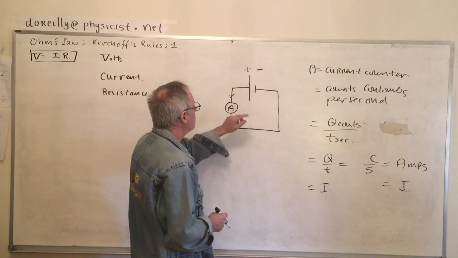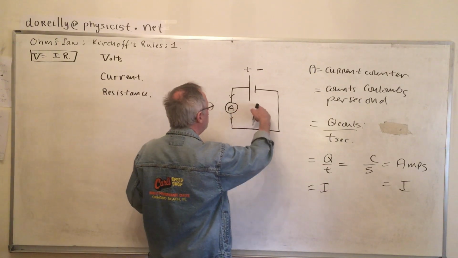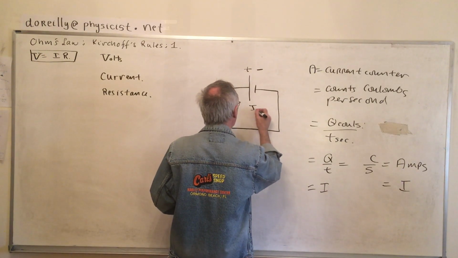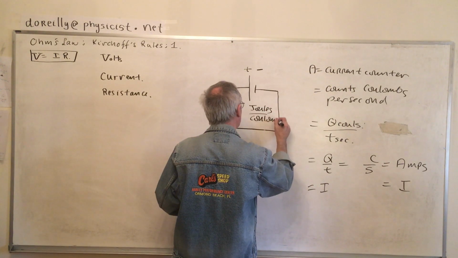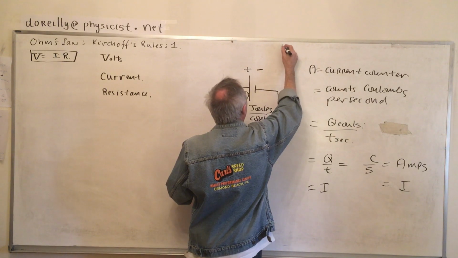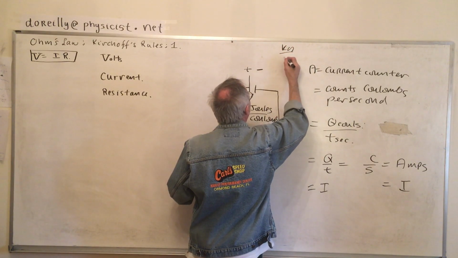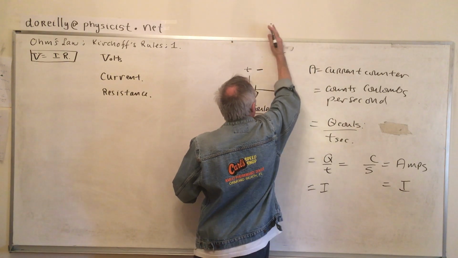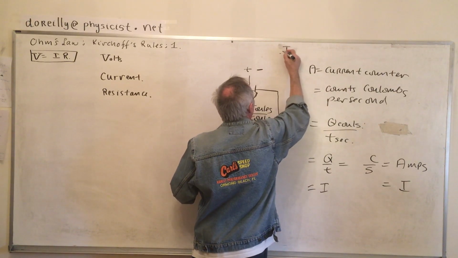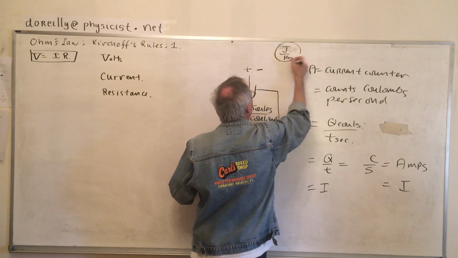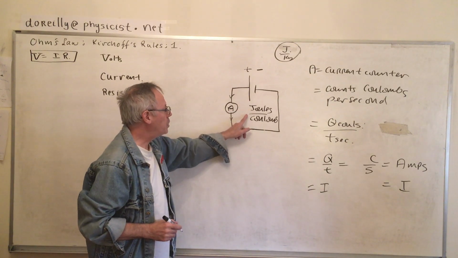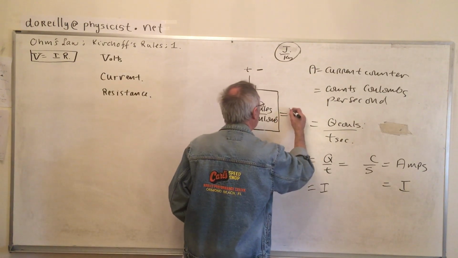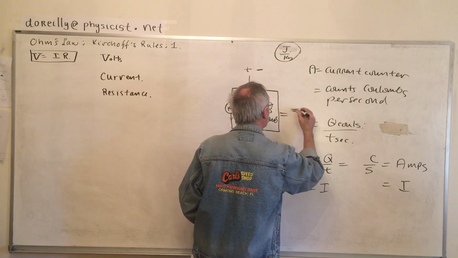Now the potential difference between these 2 points is measured in joules per coulomb. Because a minute ago we had joules per kilogram in the gravitational case for potential and potential difference. But in the battery, it's joules per coulomb, which are given the name volts.